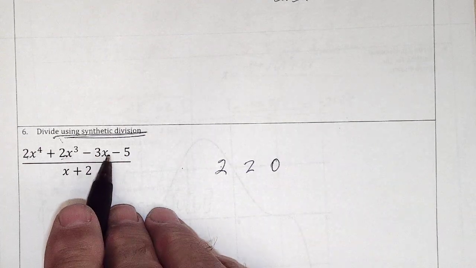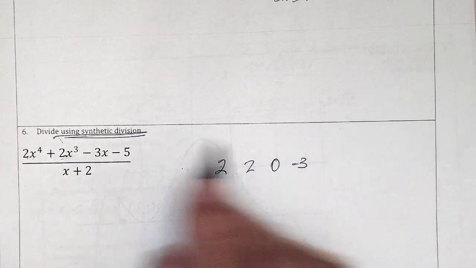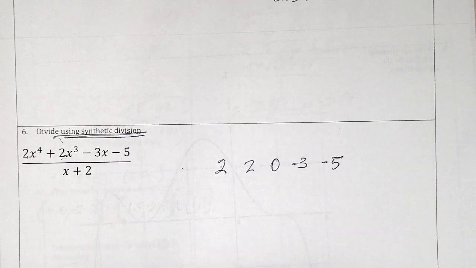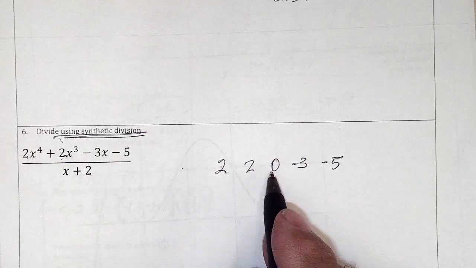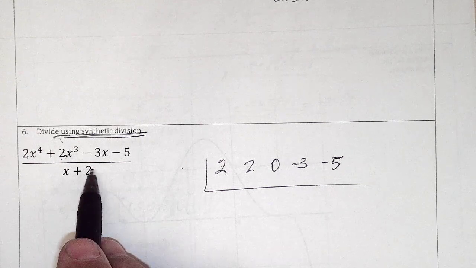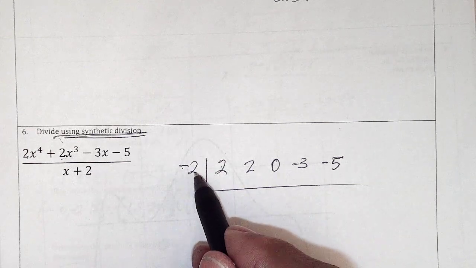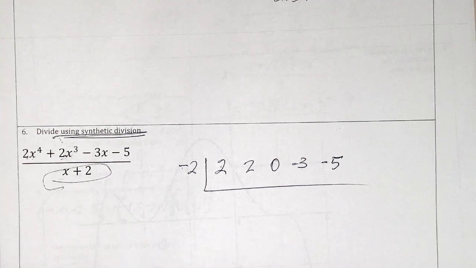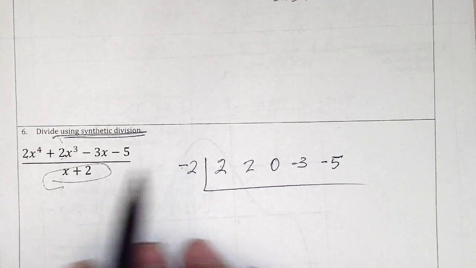How many x to the first? Negative 3. And the constant? Negative 5. So you got to have a placeholder in there. And we're dividing it by, let's see, what makes this be 0? I think that's a negative 2. Use what makes this be 0, a negative 2, not plus 2.